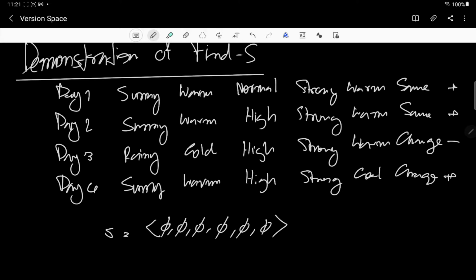So we have day 1, day 2, day 4 that are positive, and day 3 is the only one that is negative. We start with the first one: sunny, warm, normal, strong, warm, same. Of course, this is the null hypothesis, right?